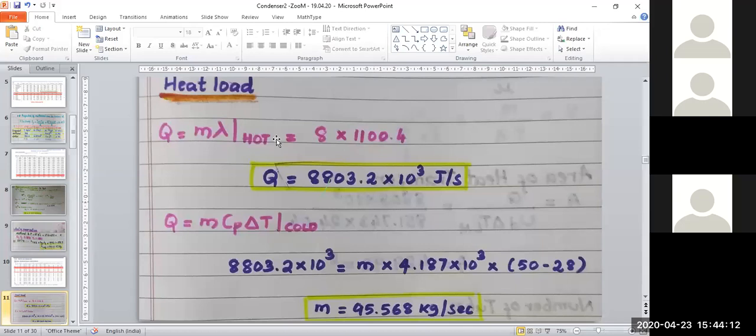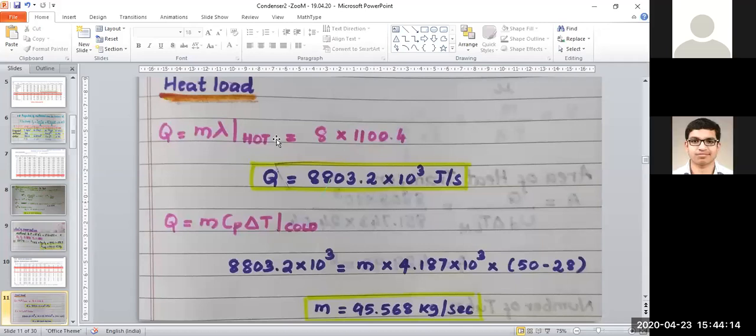Yes, sir. Okay, and then do it. Q is equal to m Cp delta T of coolant. You got Q, you got Cp, you got delta T. Calculate how much water is to be circulated.